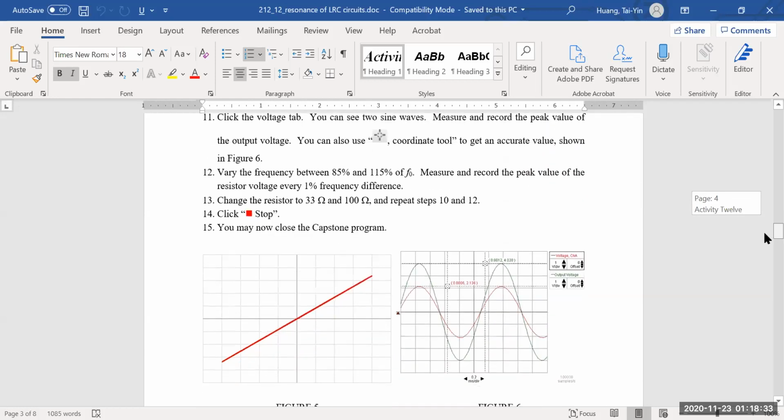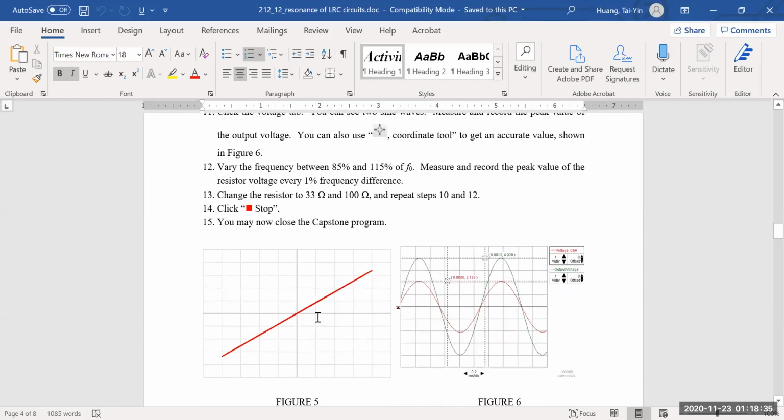And so the diagram will look like this. When you change the frequency until you reach a straight line, this indicates that you have matched the frequency that will produce this kind of straight line. They are in phase, and then you'll be measuring the voltage, first peak to peak, and then calculate the RMS square.